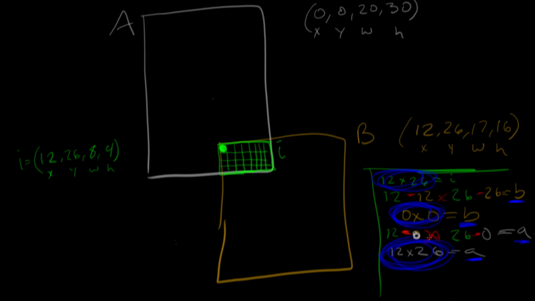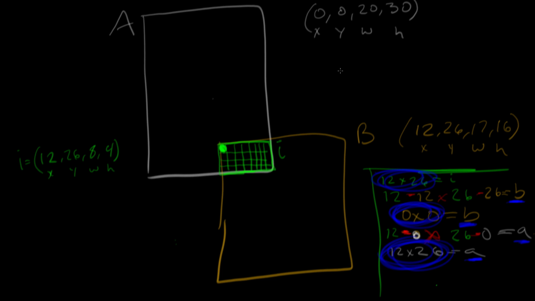Now we need to do the same thing, but I'm running out of colors here. I'll just do this. Let's do this in one more place here. Alright, let's do green here.